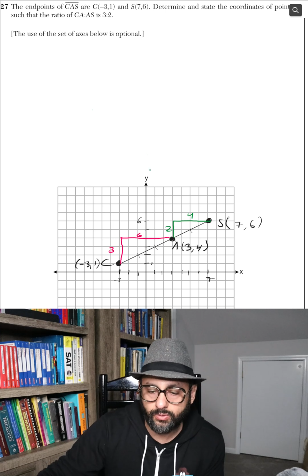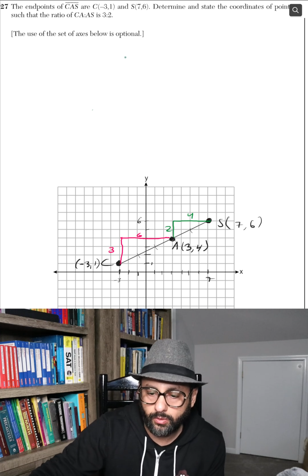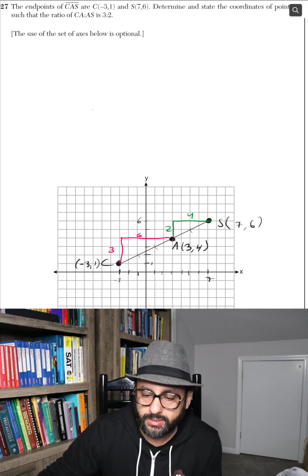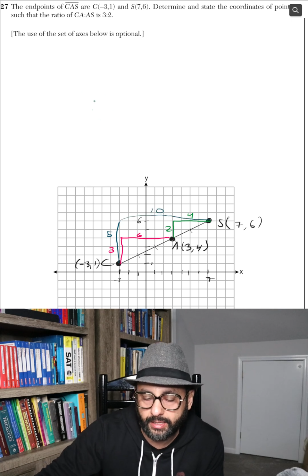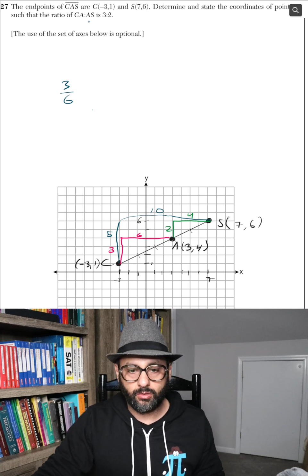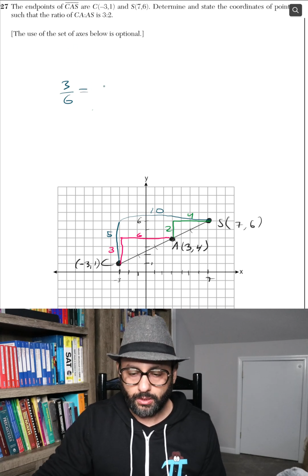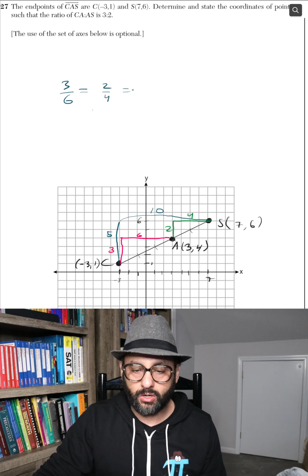Now with these numbers, I can also go up from C to S. I can go up 5, and I could go to the right 10. And so I could do ratios of the sides. I could do 3 over 6. That's also equal to the 2 over the 4, which is also equal to the 5 over the 10, which is equal to 1/2.